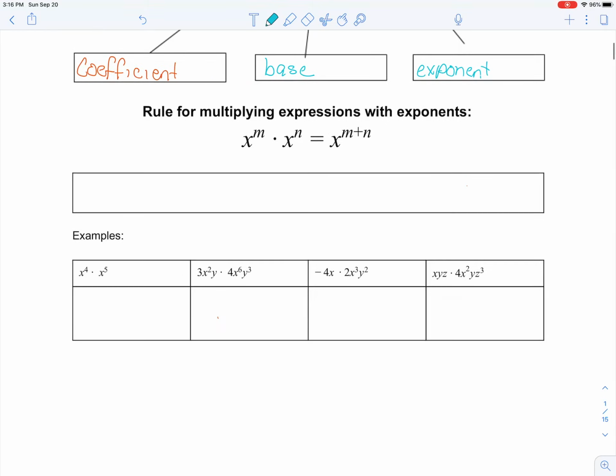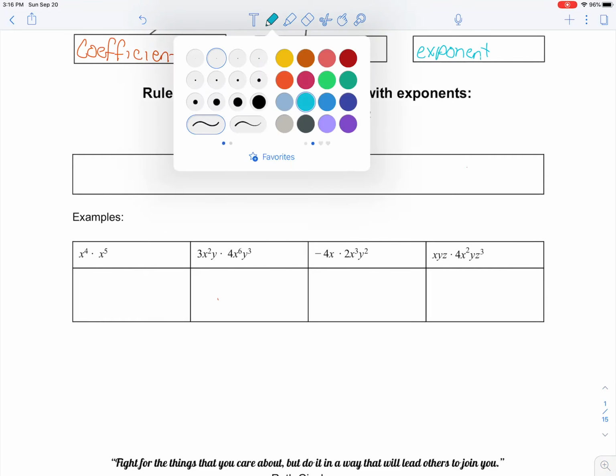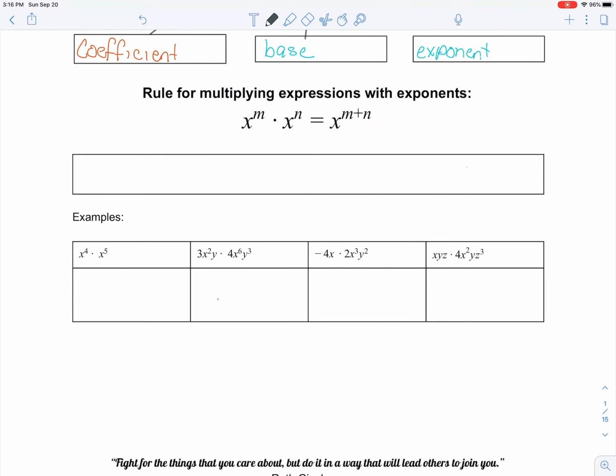Okay, so here's the rule for multiplying. When we're multiplying expressions with the same base, we add the exponents. And so if I were to write that in words, it would say something like: multiply the coefficients, because we always treat coefficients under the general rules you've learned before.